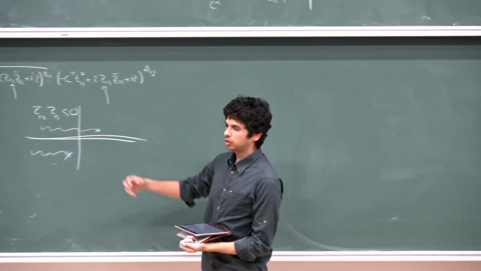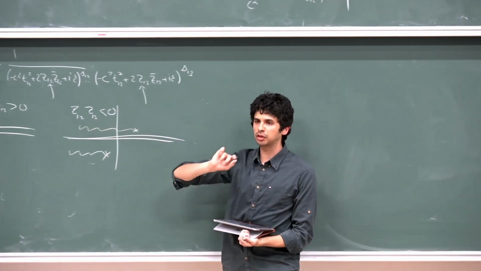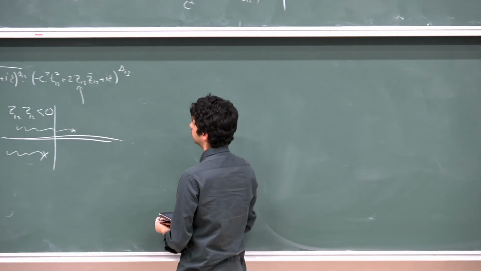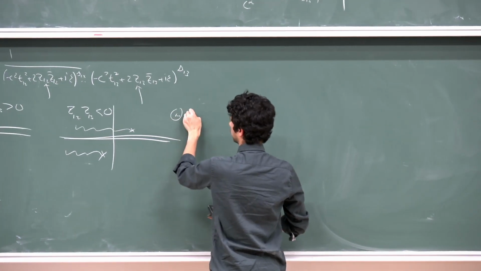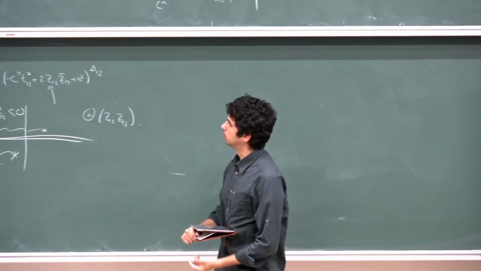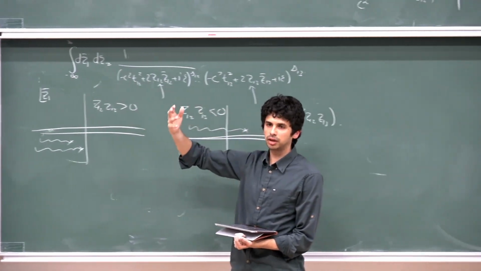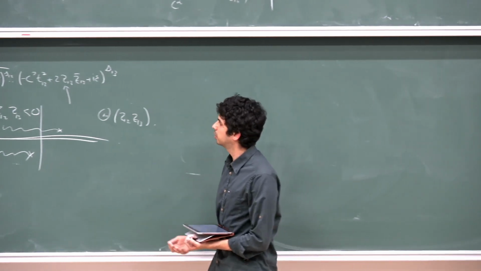So you see that the integral is non-zero only if there is a specific relation between the signs of Z12 and Z13. And so this reproduces one of the theta functions. And a similar logic applies to the other integral, and you can reproduce the second theta function that way.